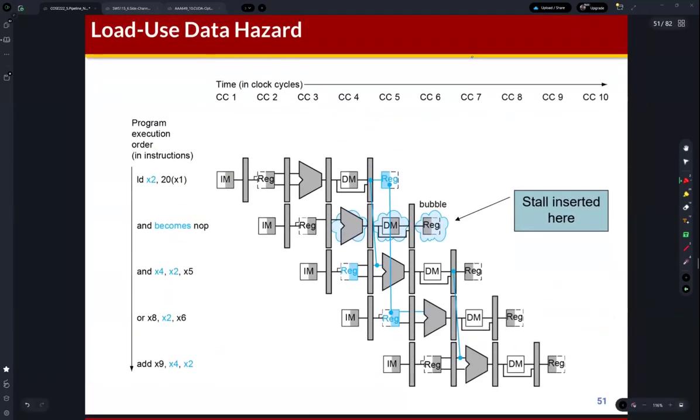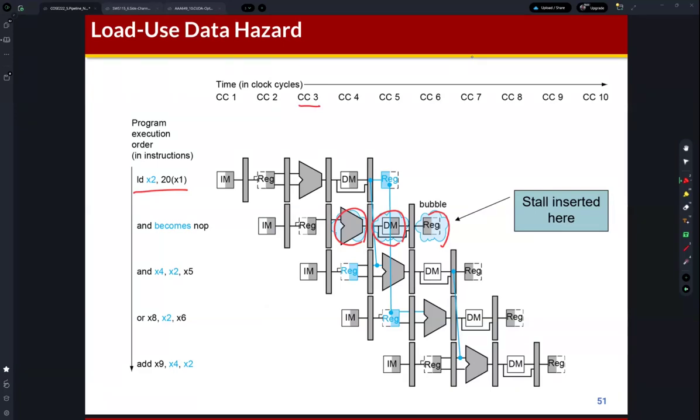This figure shows how the instructions are stalled by a load use hazard. You can find that the previous instruction is the load instruction, and then the bubble is generated.